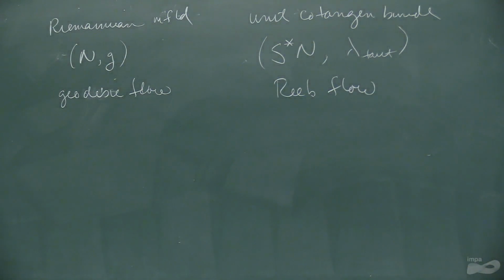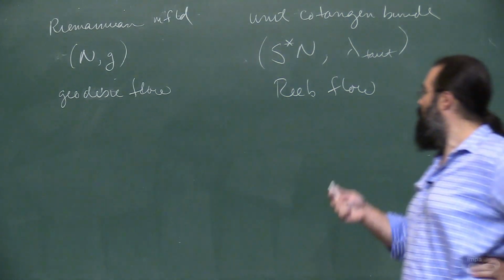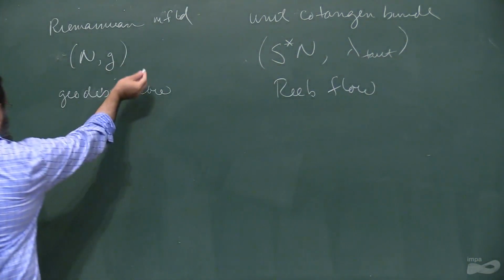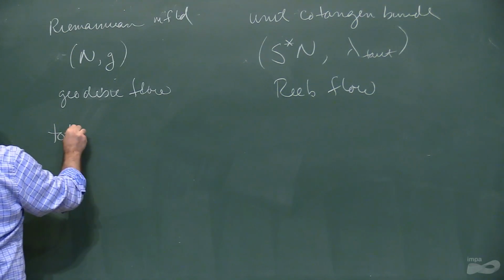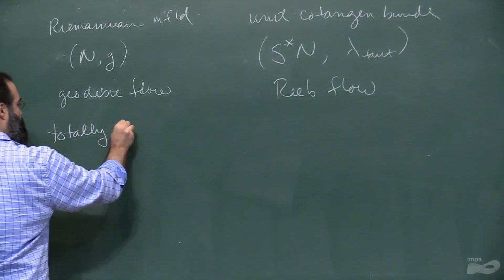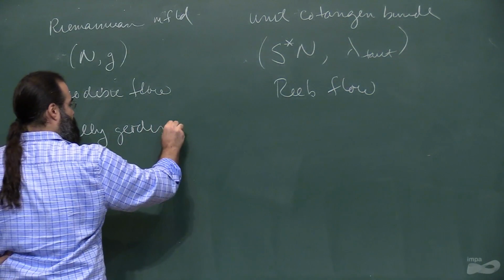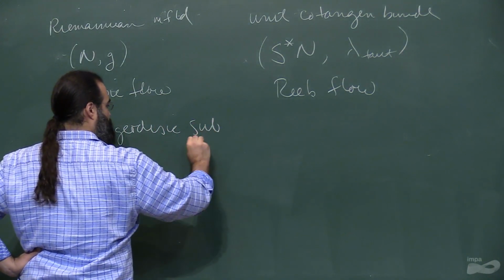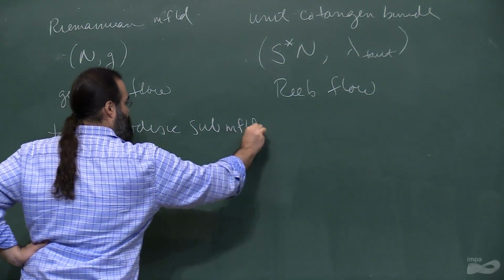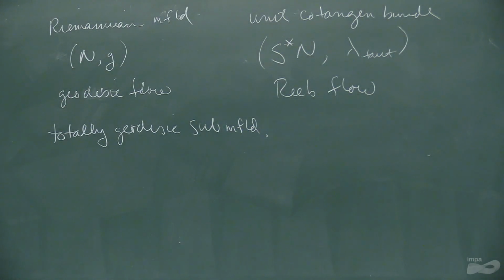And so within Riemannian geometry, there's a very natural notion of a totally geodesic submanifold. Totally geodesic submanifolds are things where if we start with a point in the submanifold and a vector tangent to that submanifold, then the geodesic stays in the submanifold indefinitely. We do that for any point and any tangent vector.